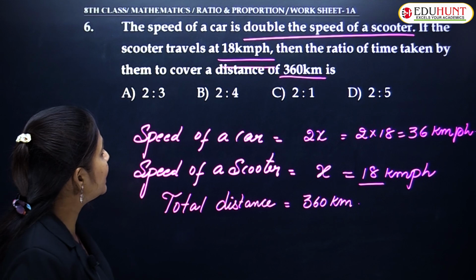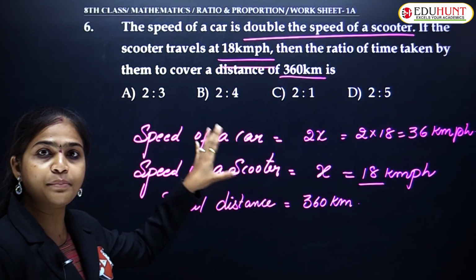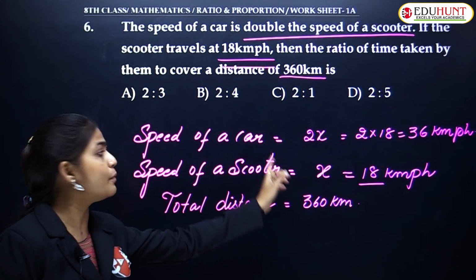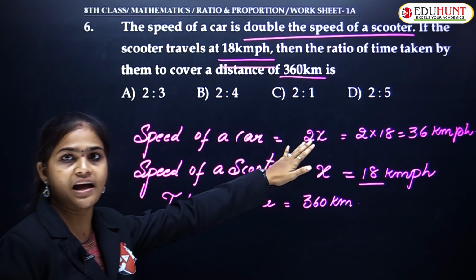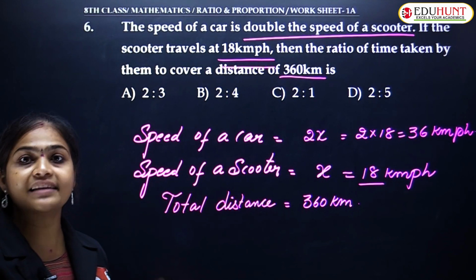So children, what do we need to find out? We need to find the ratio of the time taken to cover 360 kilometers by the scooter and by the car. So first we need to find the times, and later the ratio of the times.